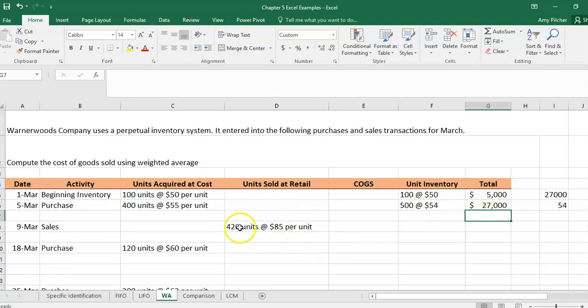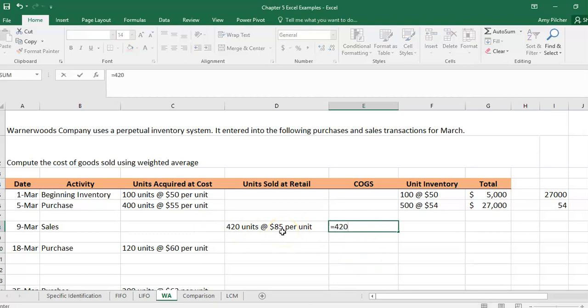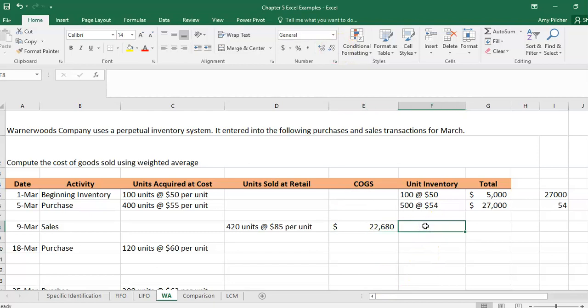When we sell 420 units, then our cost of goods sold is 420 times 54. And our ending inventory is 80 units at $54 per unit, 80 times 54.